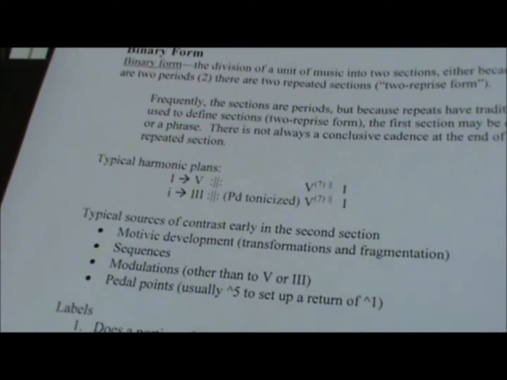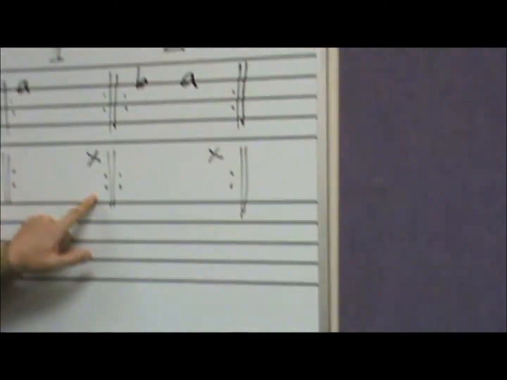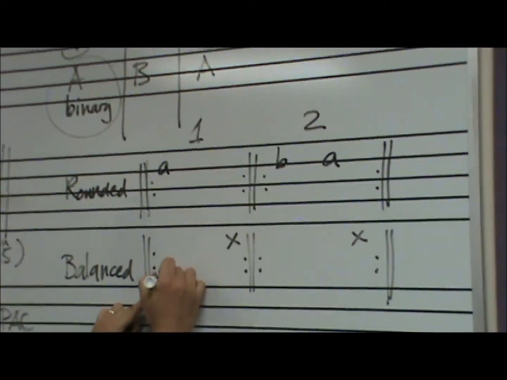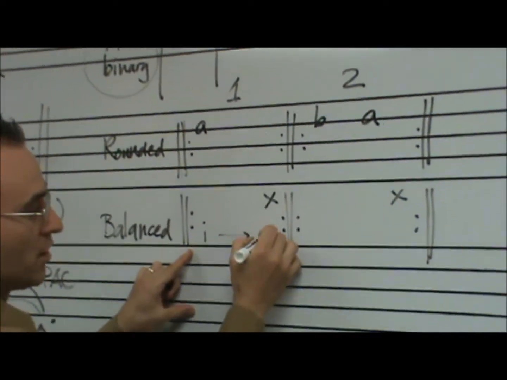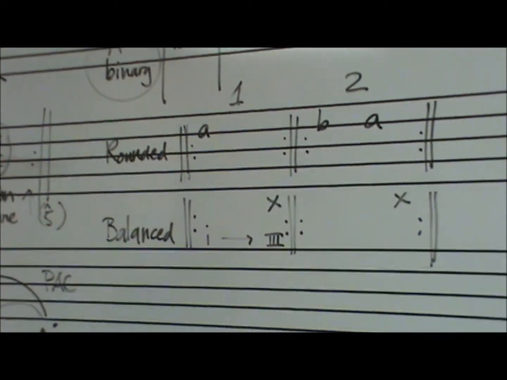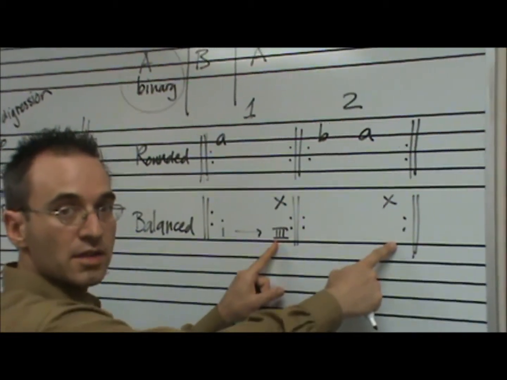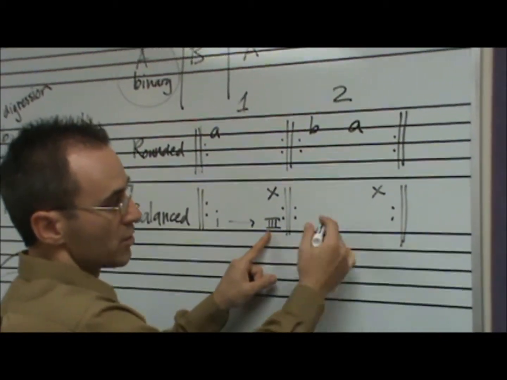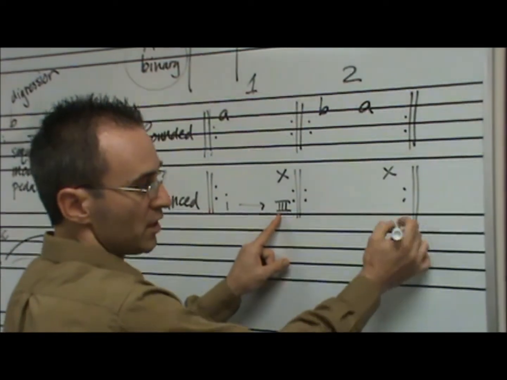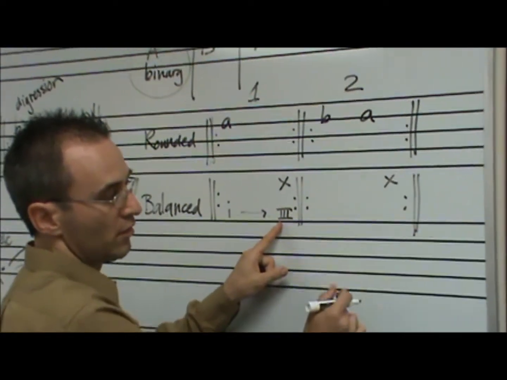Okay, so if we've modulated here, say we're in a minor key and go to 3, which happens a lot, that means this X here is going to be in a different key than this X over here. This will be back in the tonic because you'll have a PAC in the main key to close it all out, for sure.